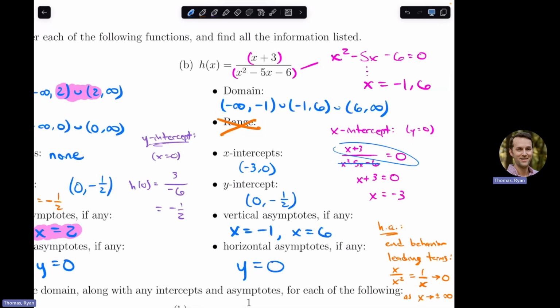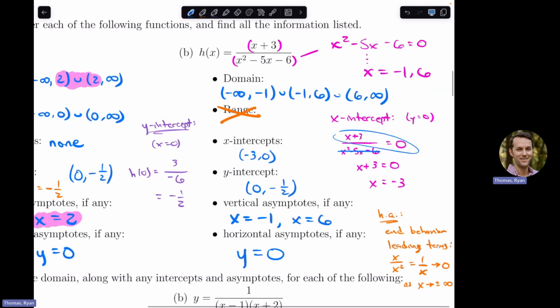Okay, so there's a lot of information to unpack about these things, right? They have lots of features that we need to be able to identify. The domain, the vertical asymptote, those things are kind of tied together. The end behavior, the horizontal asymptote, if there is one, and then the intercepts. Now, the intercept stuff isn't really anything new. That's how intercepts always work. X-intercept, you let y be zero. Y-intercept, you let x be zero. That's just what the words mean, right?